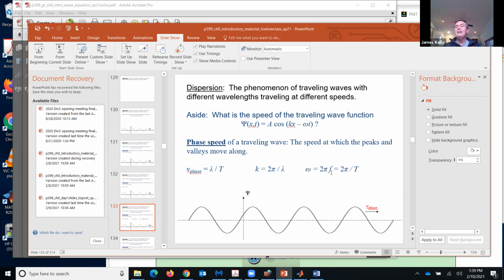Omega is 2 pi F, and F is 1 over T. The linear frequency is 1 over the period. So omega is 2 pi over T. That means that lambda is 2 pi over K, and T is 2 pi over omega, and I can substitute those in here and figure out then when I take that ratio that it's omega over K. So you may have memorized that, but it's something you should be able to easily demonstrate.